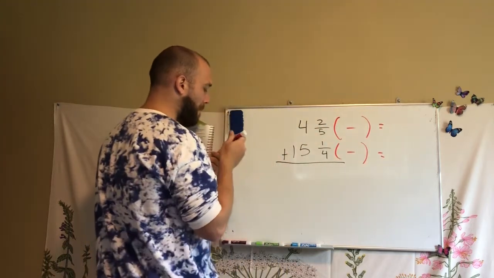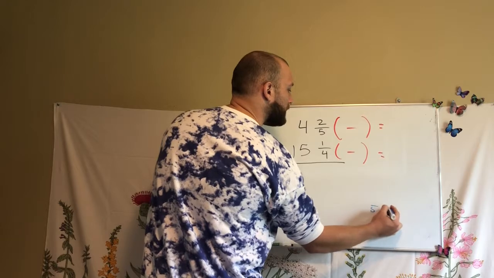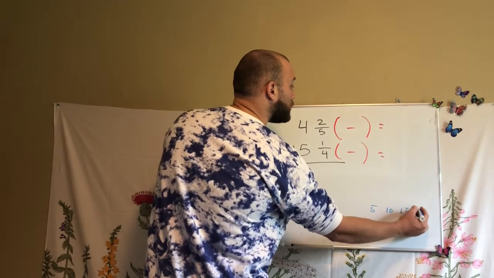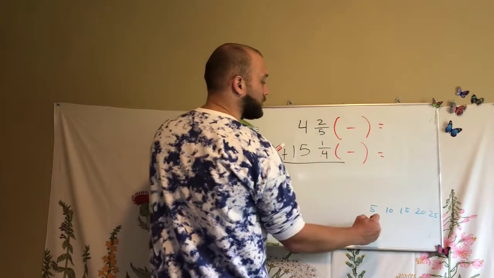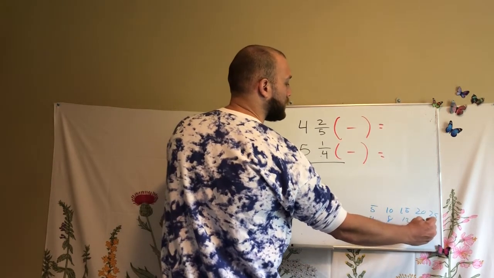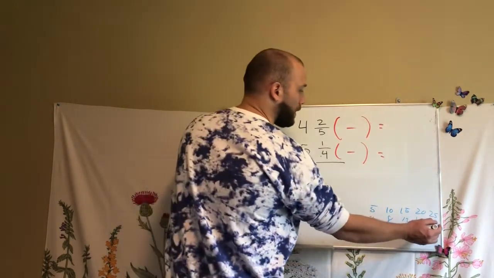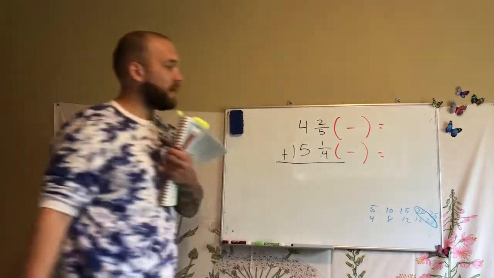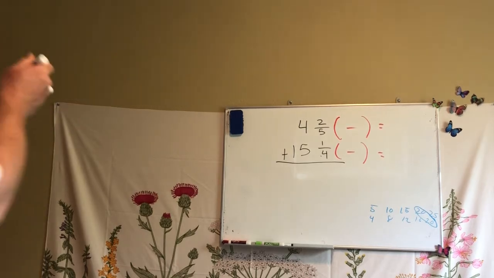Setting it up. Let's count by 5s. 5, 10, 15, 20, 25. Let's count by 4s. 4, 8, 12, 16, 20. What number do they both have? 20. Just want to make sure this looks good. Yep.